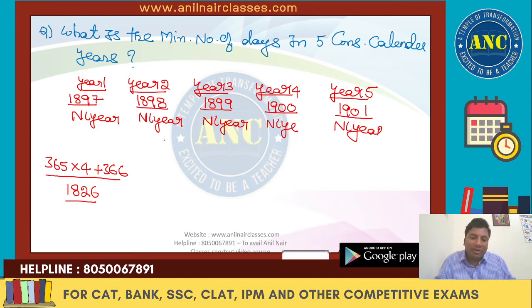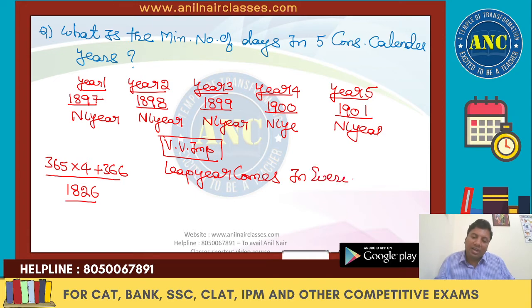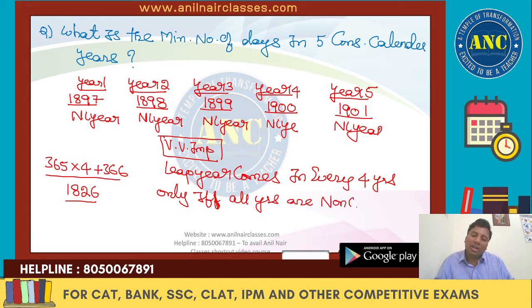Please write down this very, very important concept. Leap year comes every 4 years. This statement is definitely right, but only if all the years are non-century years.